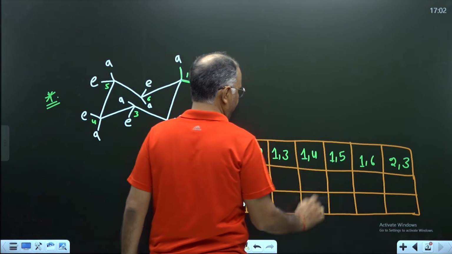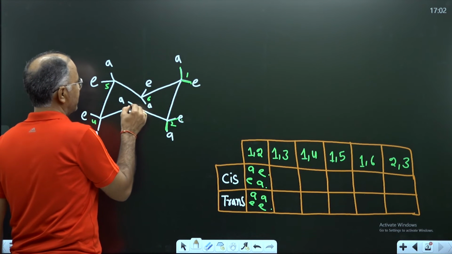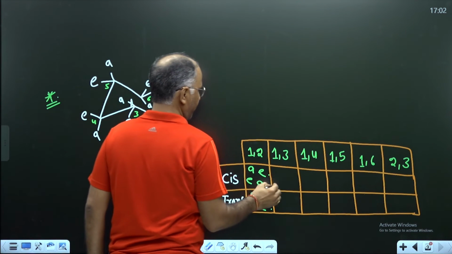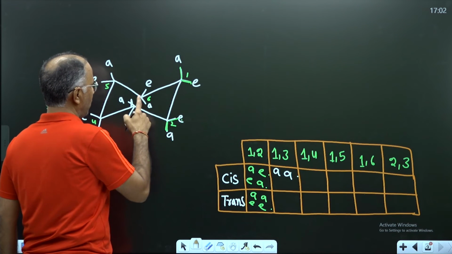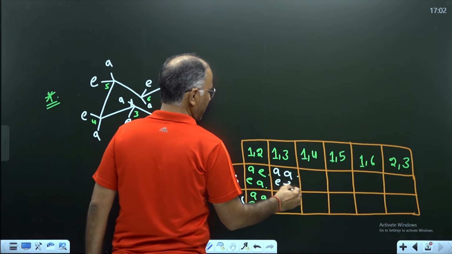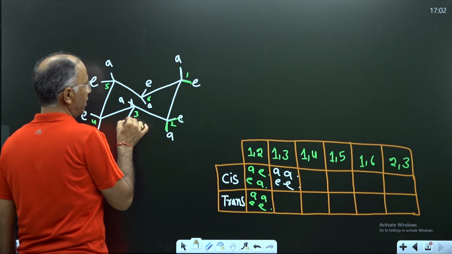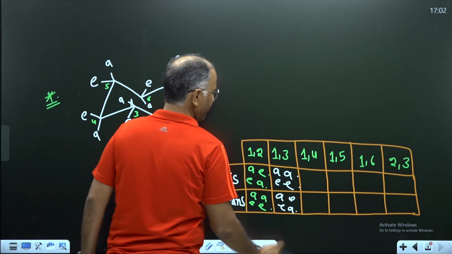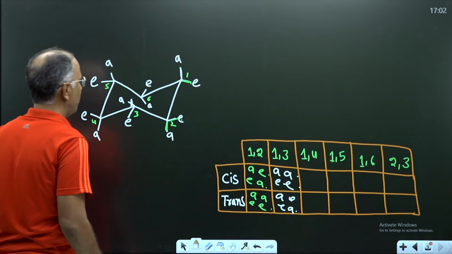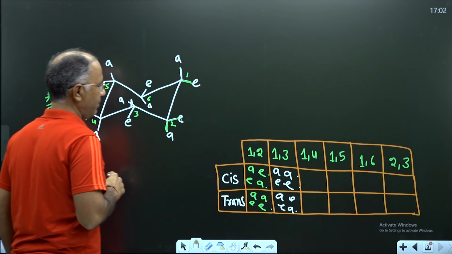Now what is the answer? In 1 and 3, axial up and axial up, both are up. This means it is a cis. Equatorial down, both are down, it is EE. And then A up and E down, means it is a trans, AE and EA. What about 1 and 4? In 1 and 4, A up, E up.